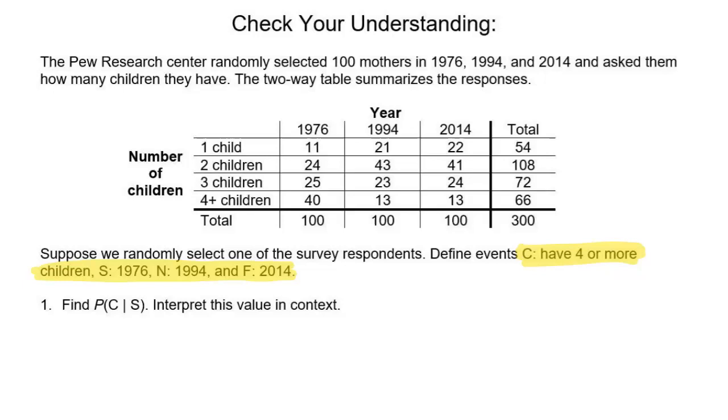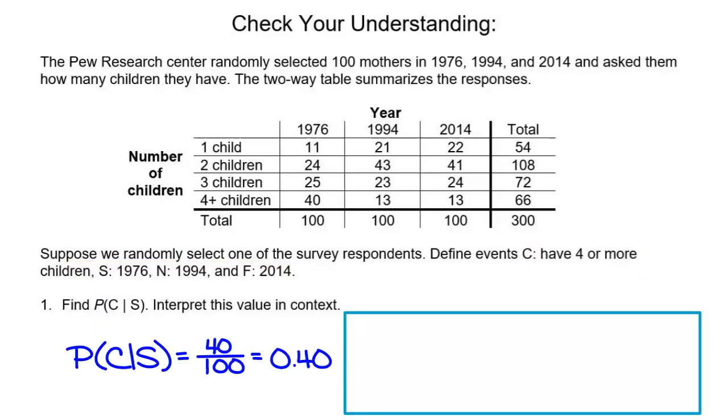What is the probability of C given S? 40%. What does that mean in context? Basically, take this notation right here and tell me what it says.